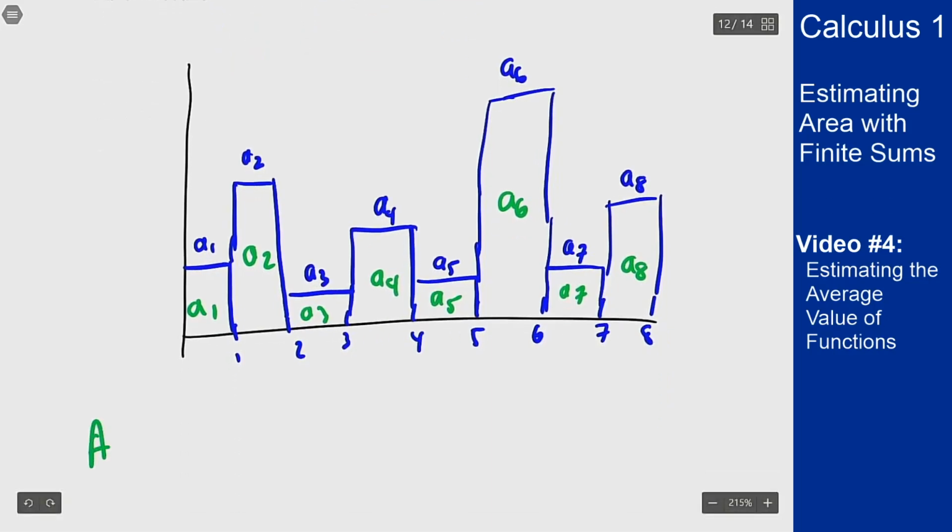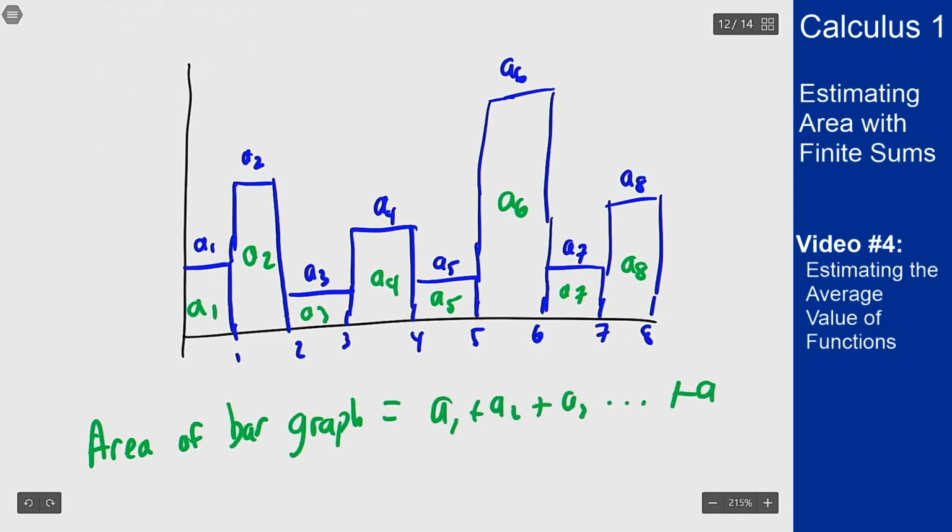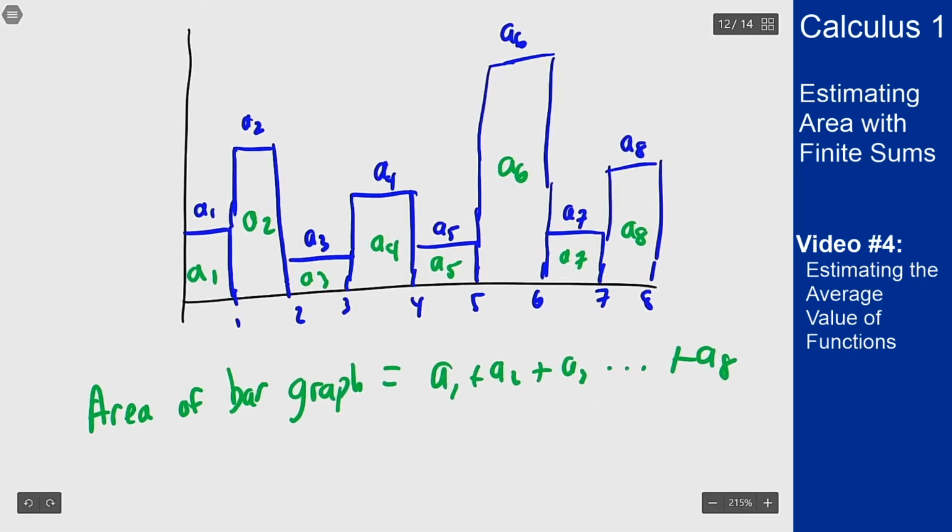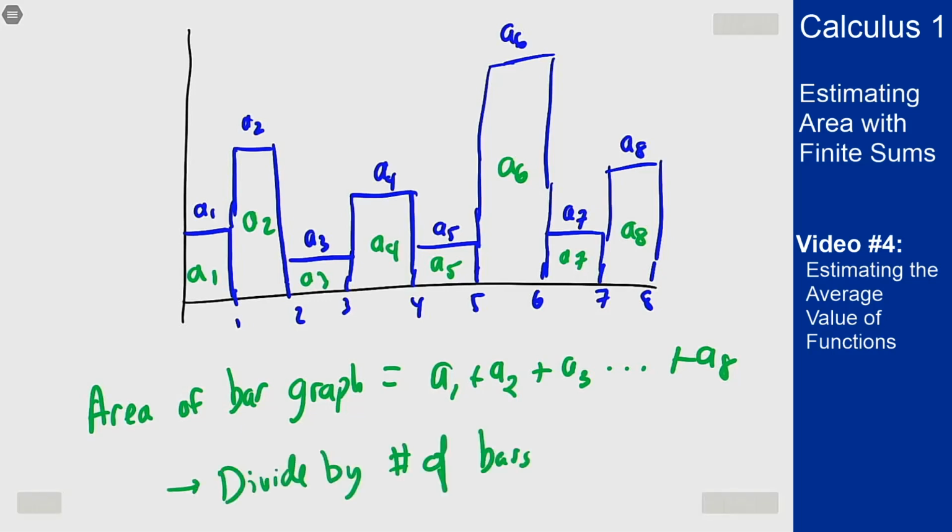So area of bar graph is a1 plus a2 plus a3 all the way up to a8. And then to get the average value, you can just divide this by the number of bars, or also by the length from left to right here.